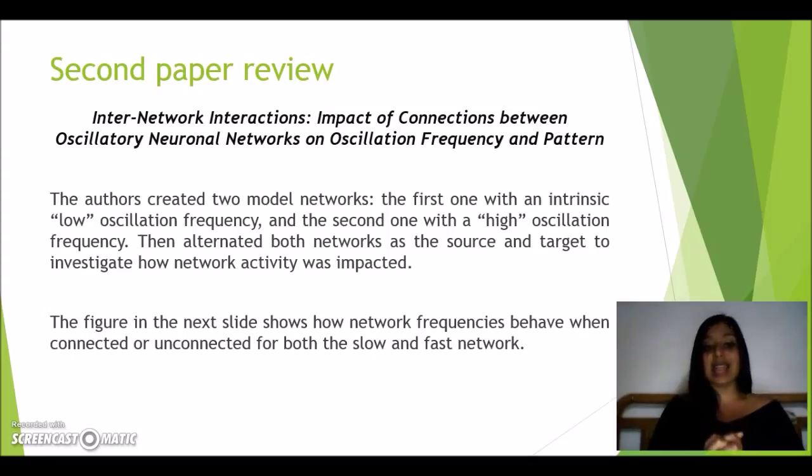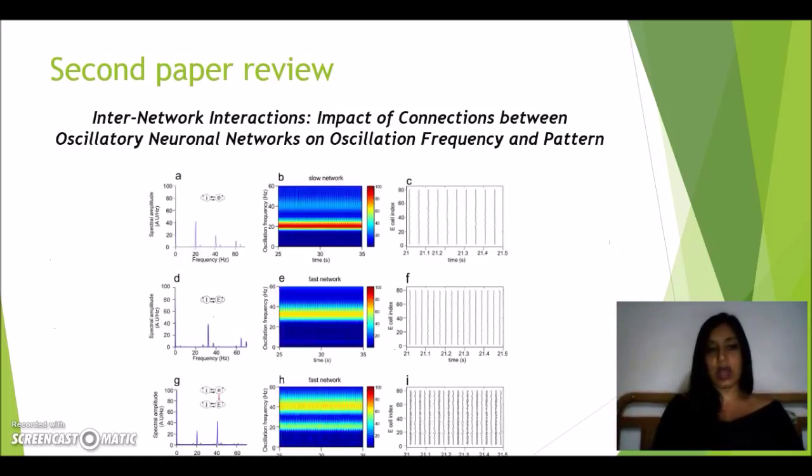The figure in the next slide shows how network frequencies behave when connected or unconnected for both the slow and fast network. Here we can see the connections, and this is going to be important: lower cases are going to stand for the slow network. So the small i is going to be an intrinsic, low frequency population, the i is going to stand for inhibitory, and the e is going to stand for excitatory.